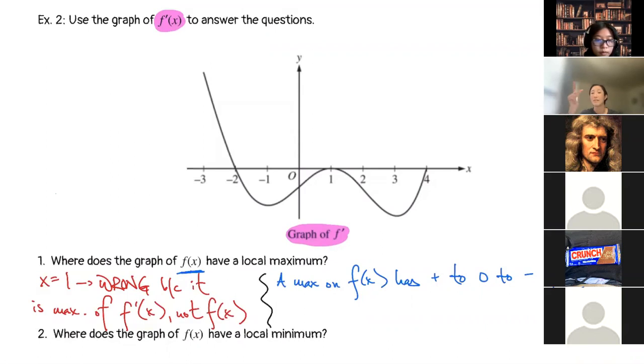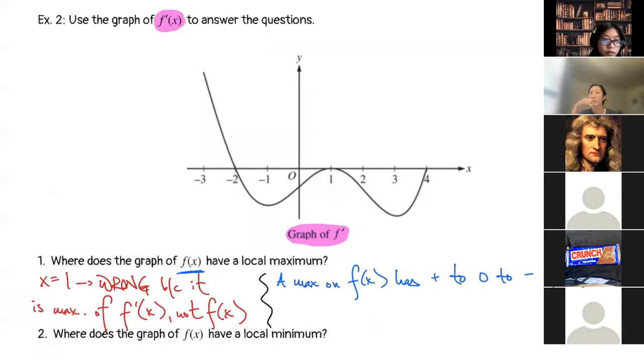We're looking at the maximum on the original graph, which we don't see, but it means that the velocity, or the first derivative, has to go from positive to 0 to negative. Where is that point?